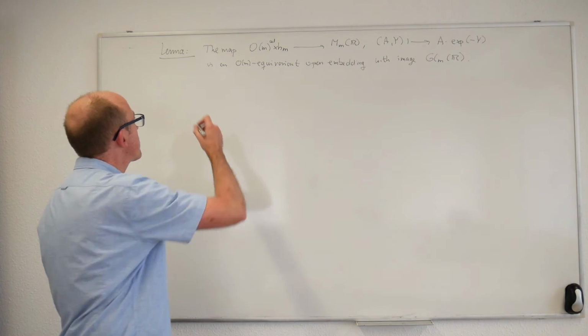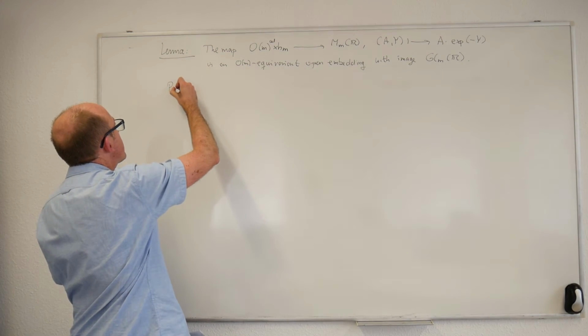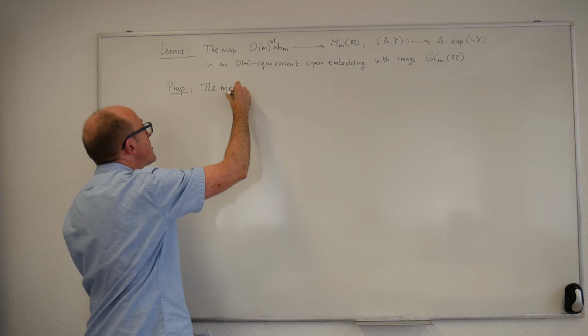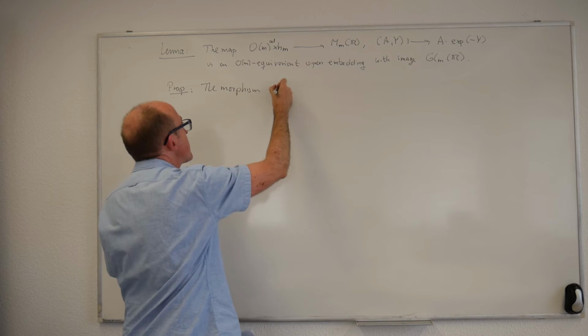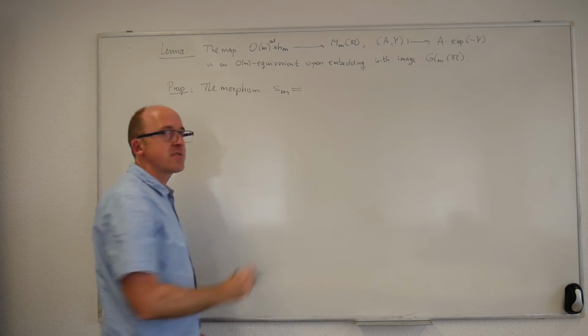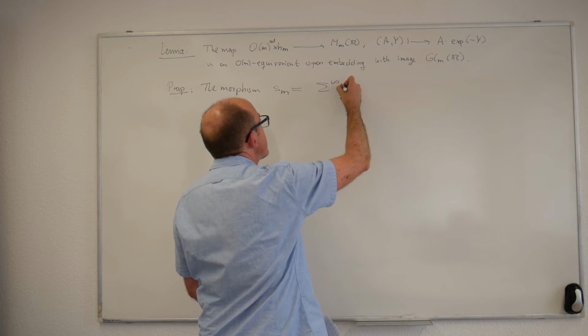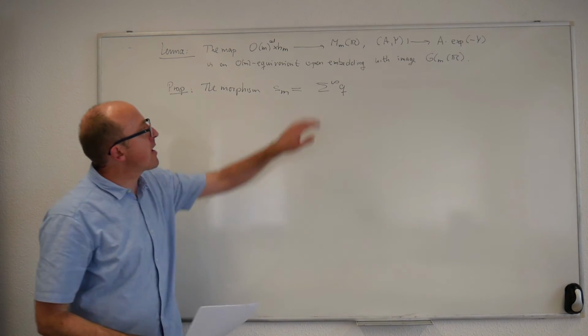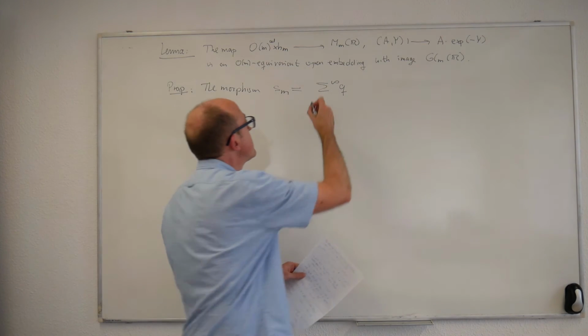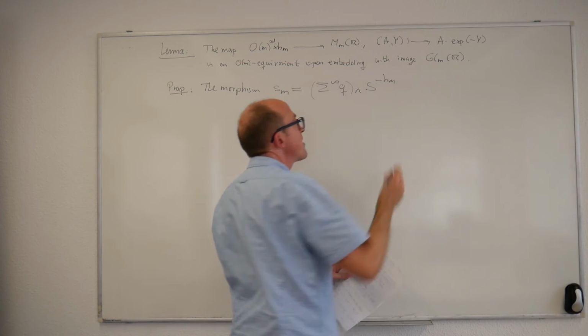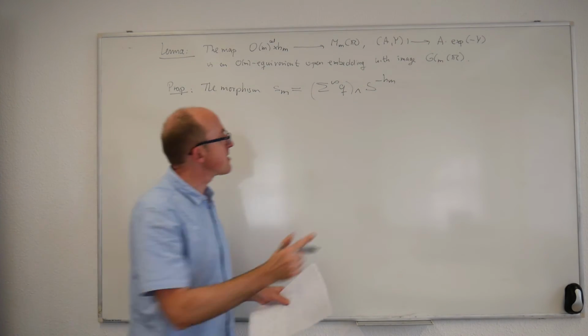I claim that the following property holds. The morphism that I'll denote by s_m again for consistency with earlier notation. We take the suspension spectrum applied to the collapse map of this open embedding, and then we desuspend by the representation given by the symmetric matrices.